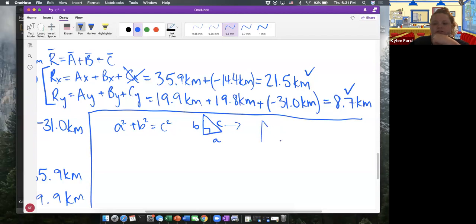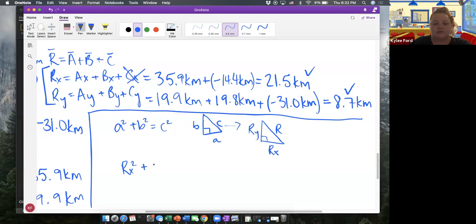Okay, we are given our r, which would be like our c. Okay, now I don't know which directions these are in yet, but I'm just going to build this. So we have our r. Okay, we have our a, which would be like our x component, and our b, which would be like our y component. Okay, so we're going to build it the exact same way. So a squared would be rx squared.